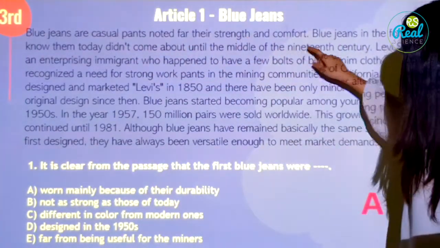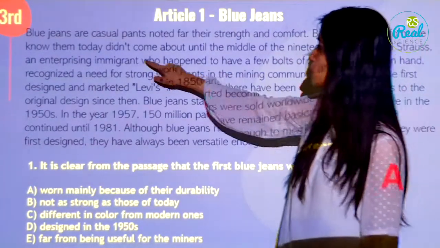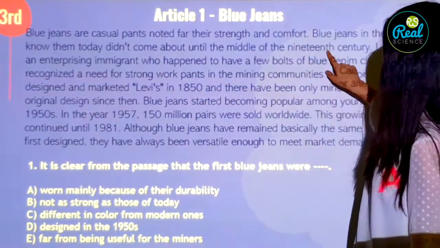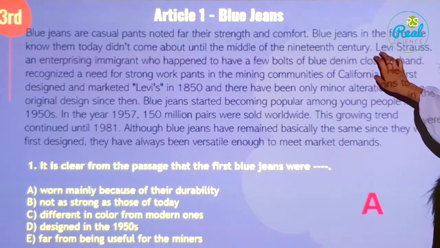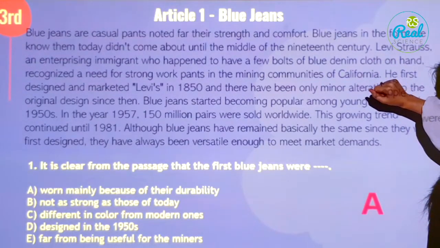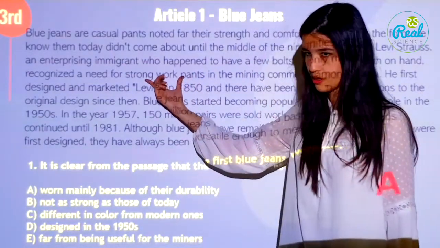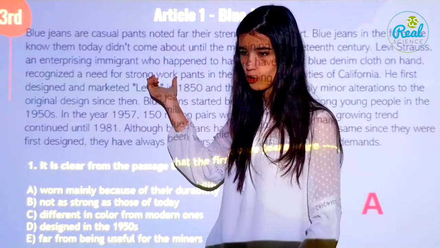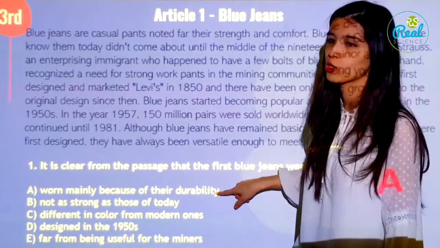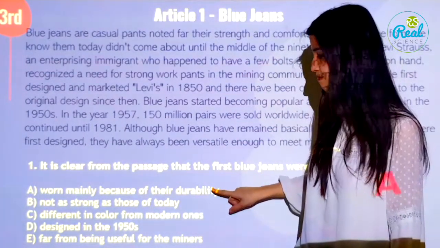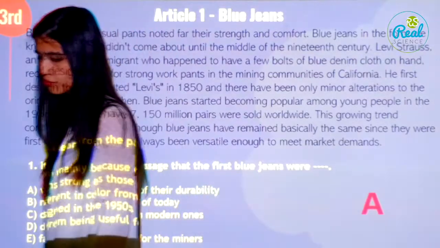It's the first sign. Blue jeans in the form we know didn't come about until the middle 19th century. Enterprising tailors recognized a need for strong work pants. So this was a sign for you to know that the answer is about the durability of these jeans.